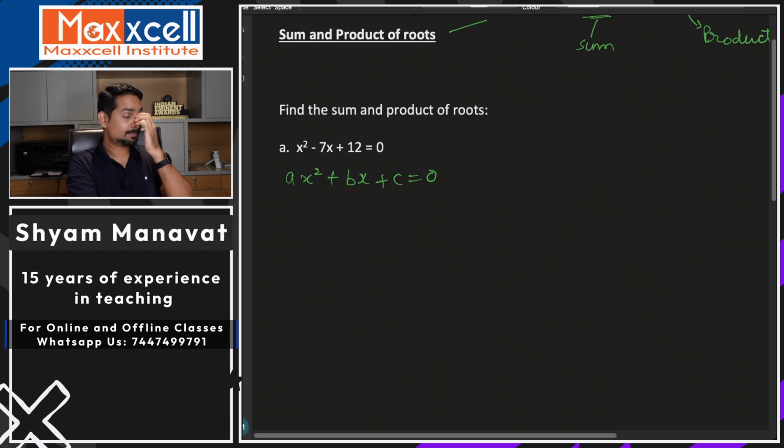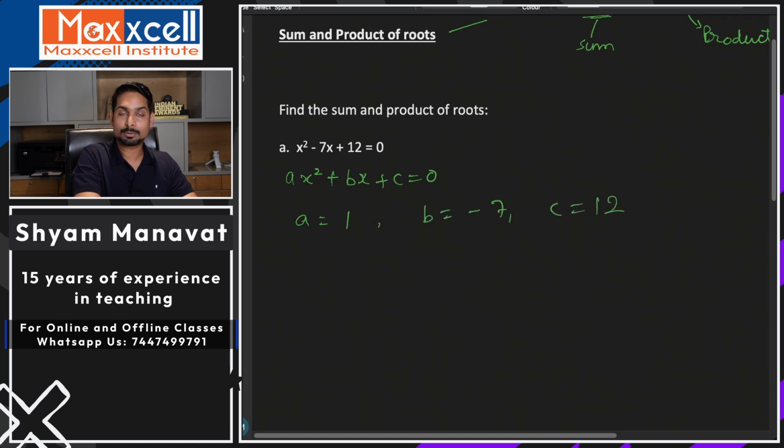Here in this question, a is equal to 1, the coefficient of x square. We have done this many times in previous lectures. I hope that's fine with you. b is minus 7 and c is plus 12. I hope you are not finding any difficulty in understanding a, b, c. Is that information okay with you?